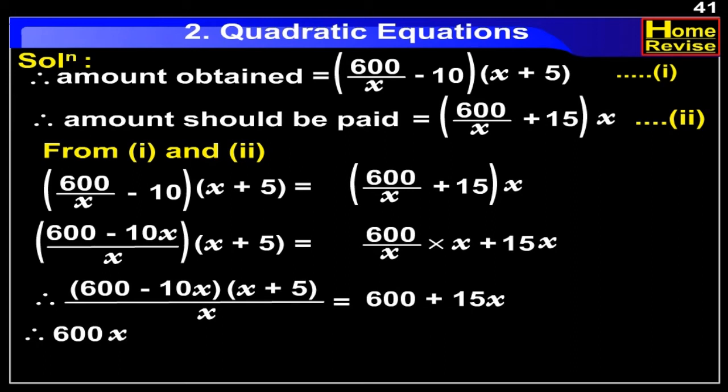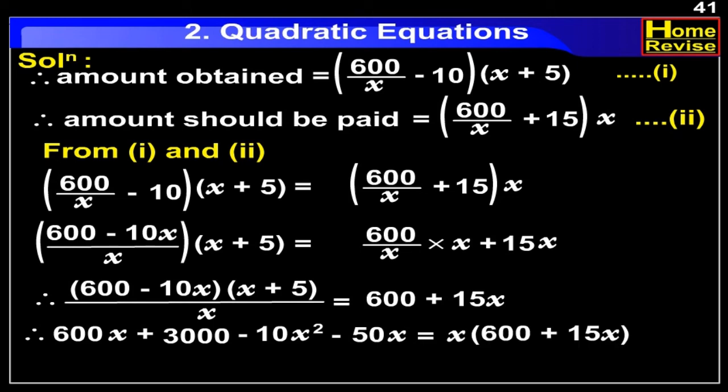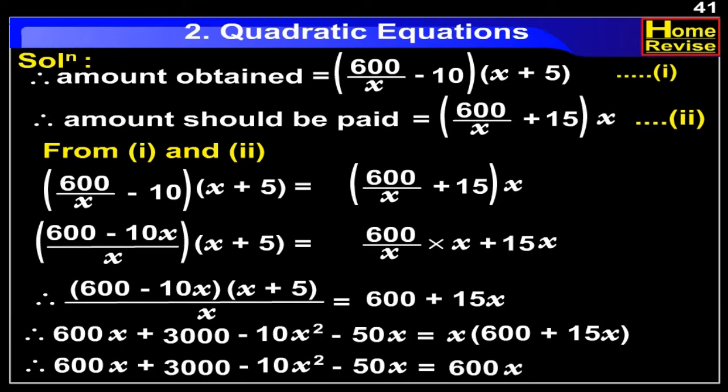Therefore, 600x plus 3000 minus 10x square minus 50x is equal to x into (600 plus 15x). Therefore, 600x plus 3000 minus 10x square minus 50x is equal to 600x plus 15x square.